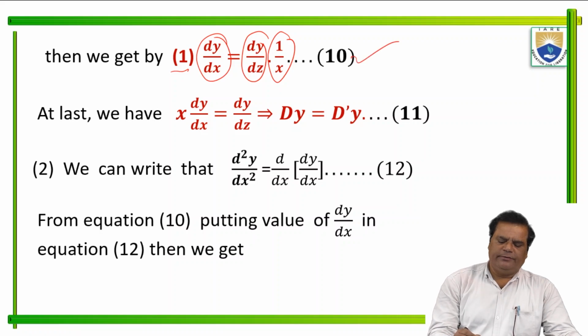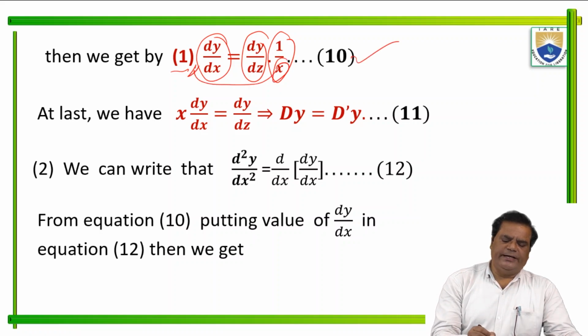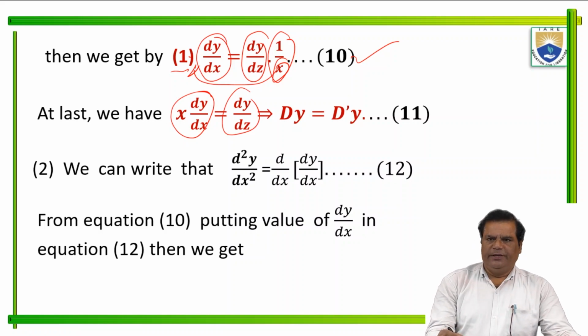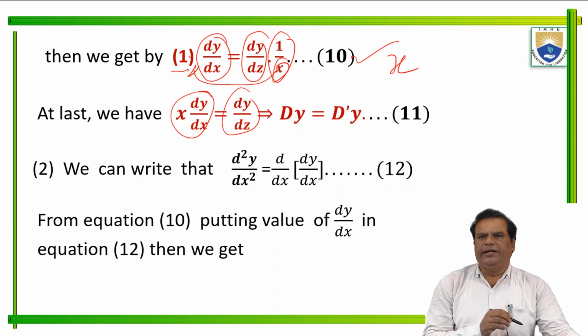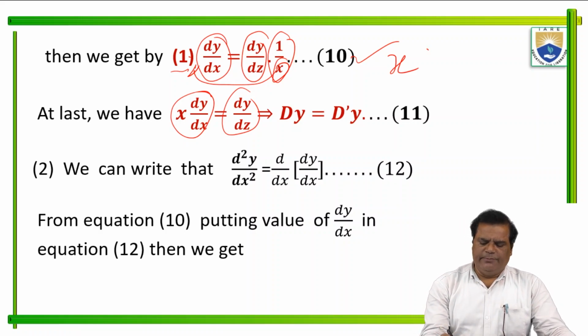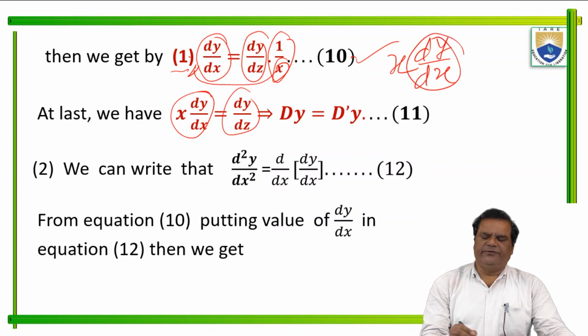This is equation 10. Taking this x to the other side, multiply x on both sides. Then x dy dx equals dy dz. So here we prove this: x is the independent variable, multiplied with dy dx, the first derivative. The power of the independent variable is equal to the order of derivative.